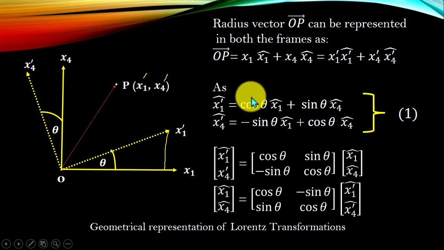What you need to do is substitute the value of x1 cap and x4 cap from the transformation equation, and then just compare the coefficients of x1 prime cap and x4 prime cap.